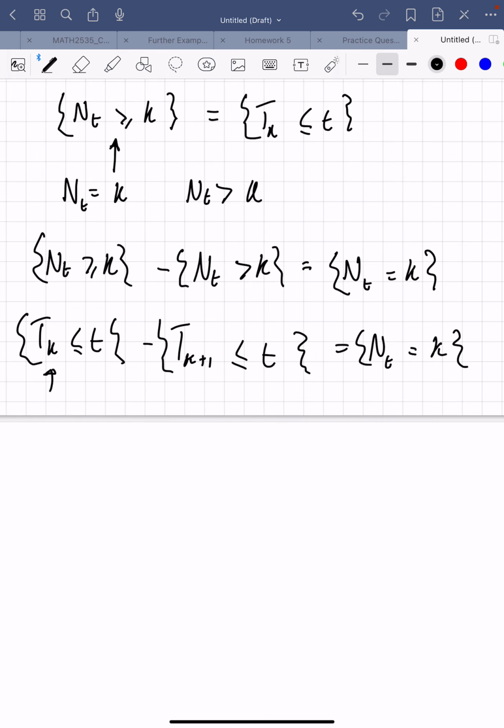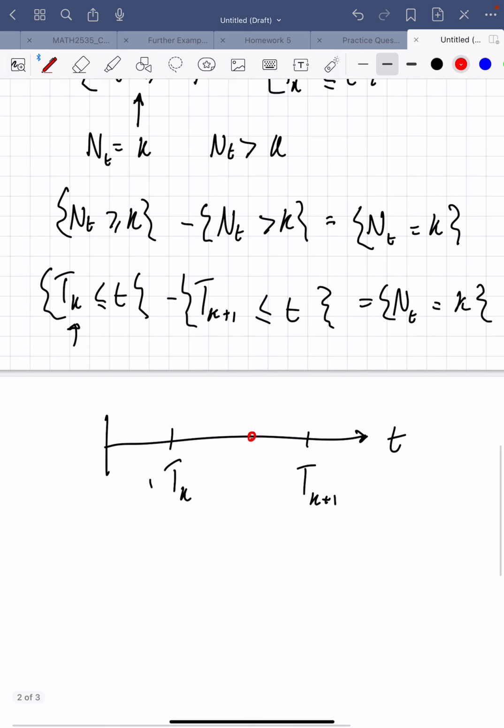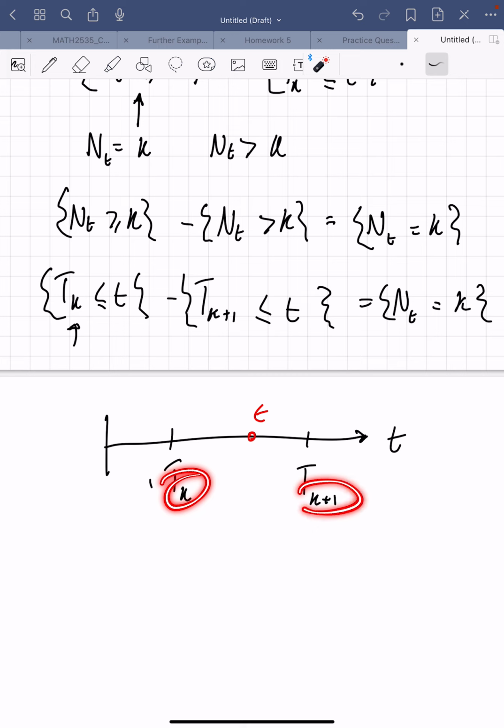The reason that happens, we can imagine like a timeline. Say we have the time that k happens, the time that k plus 1 happens, and this is t. So let's say we randomly drop t here. The probability that this value t is greater than or equal to T_k is greater than the probability that it's greater than or equal to T_(k+1), because event k happens before k plus 1, before k plus 2.